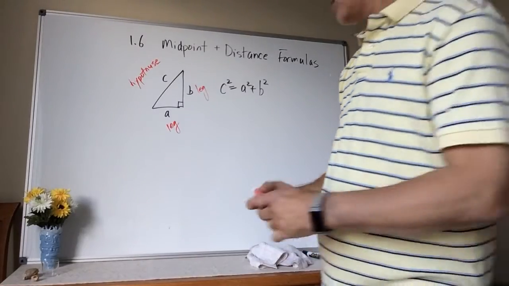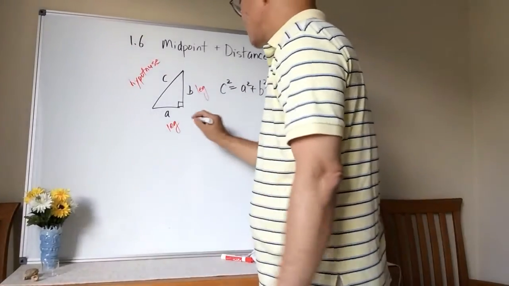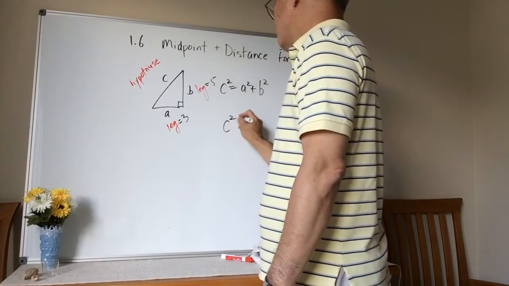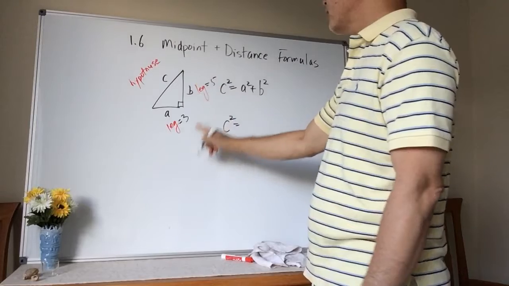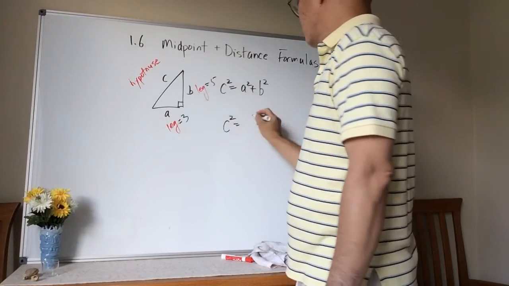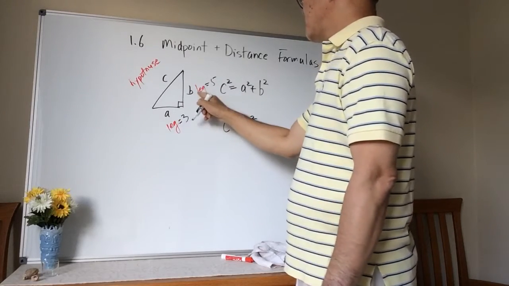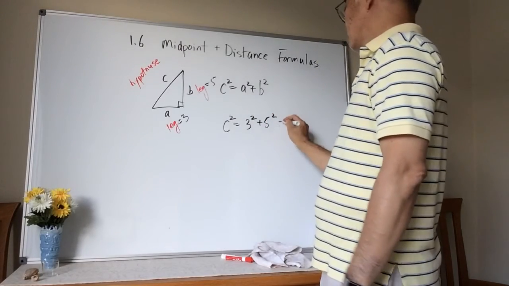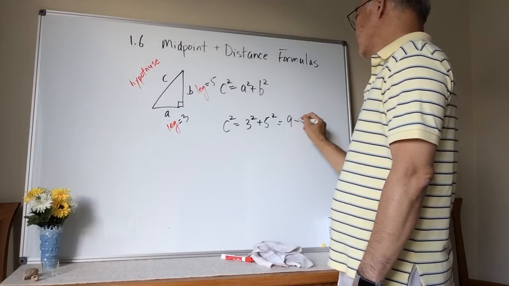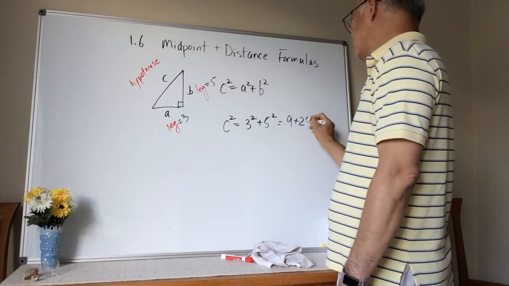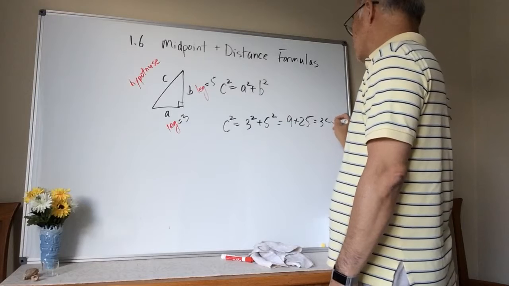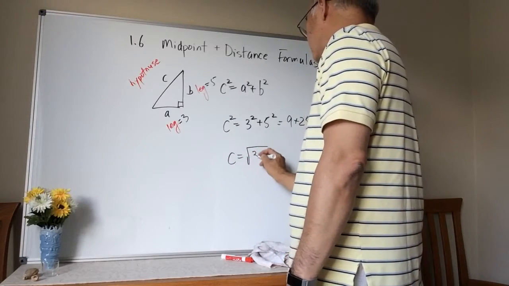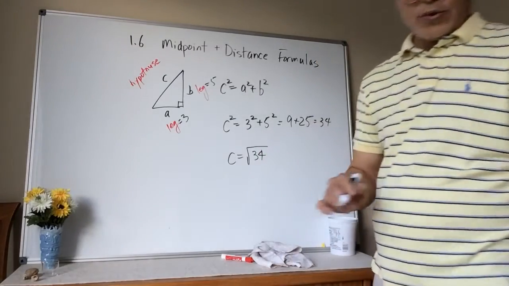So in other words, this here is 3, this here is 5. I want to know what the hypotenuse is. The hypotenuse c squared is equal to a squared plus b squared, like that. 3 squared is 3 times 3. 5 squared is 5 times 5. This is 34, so the hypotenuse is going to be the square root of 34.